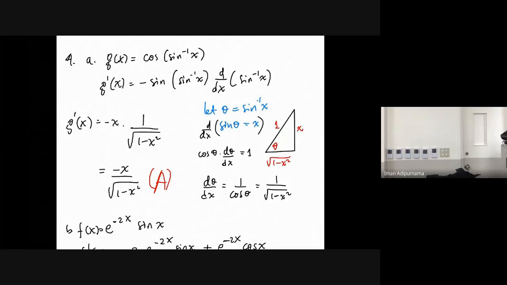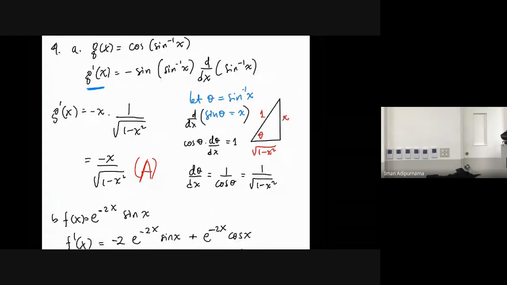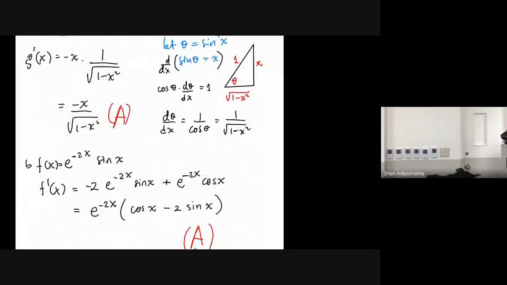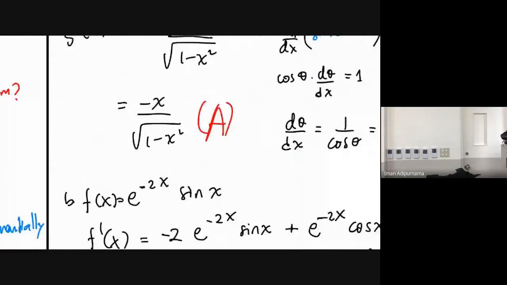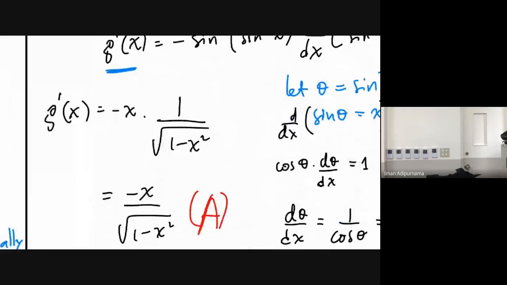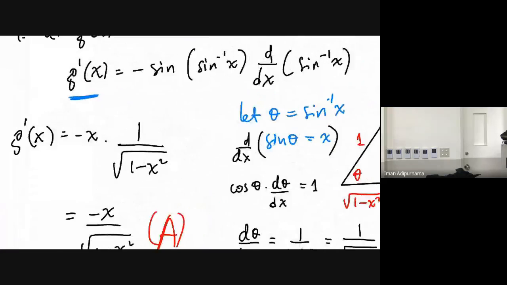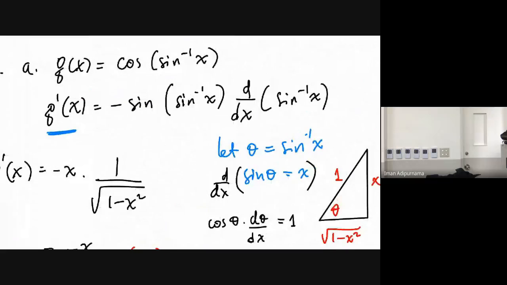You can write g prime is minus sine inverse, and then you need to differentiate the sine inverse. The derivative of sine inverse will be 1 over square root of 1 minus x squared. If you have sine of the inverse sine of x, it is x, right?